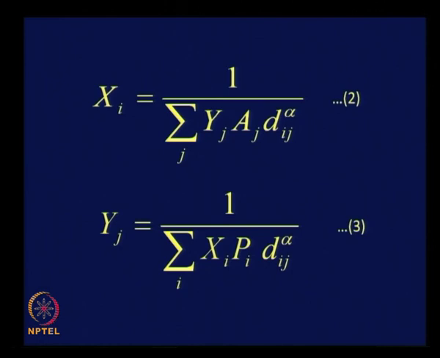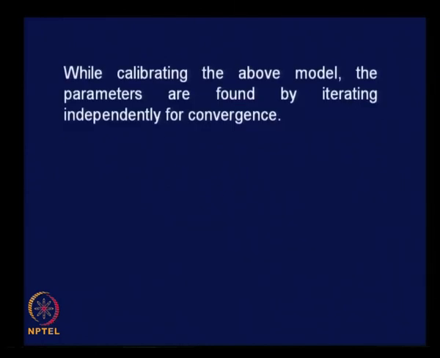And the procedure followed in the analysis is as follows. While we calibrate the doubly constrained gravity model, the parameters are found by iterating independently for convergence.